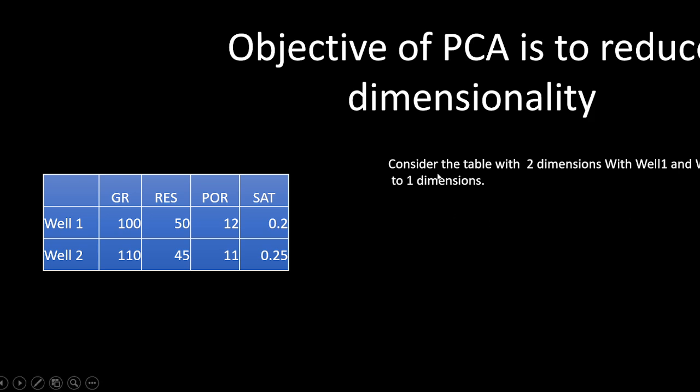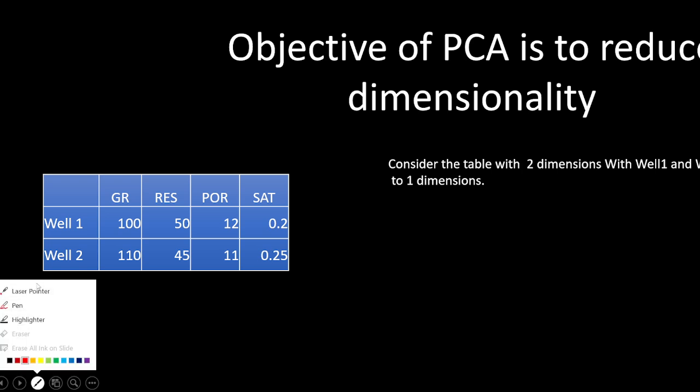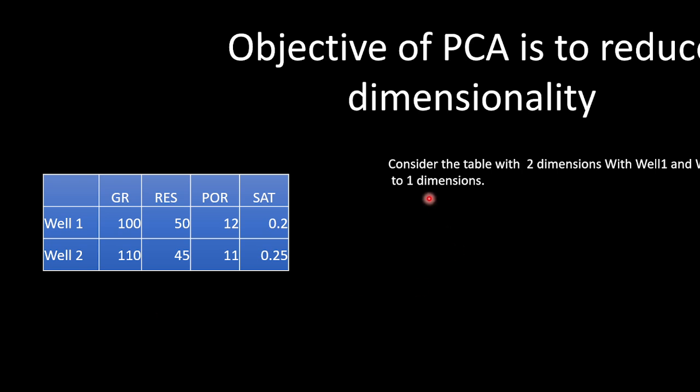You can see over here, consider the table with two dimensions, well 1 and well 2, and we are going to transform it to one dimension. You have different values for well 1: gamma ray log, resistivity log, porosity log, and saturation log.